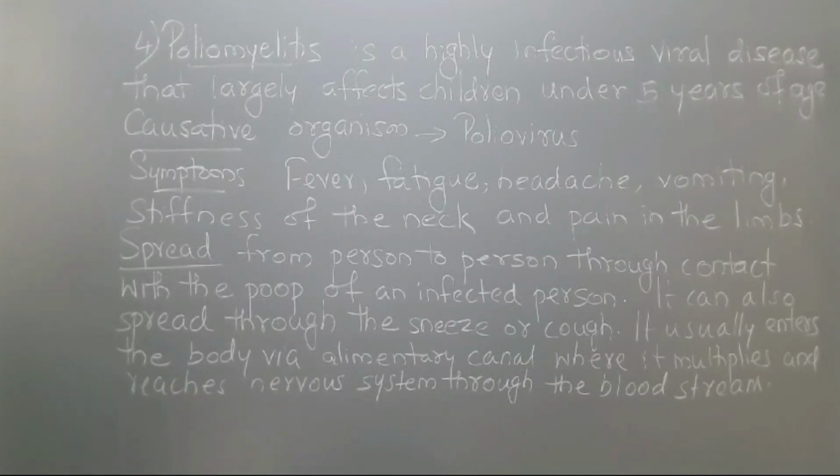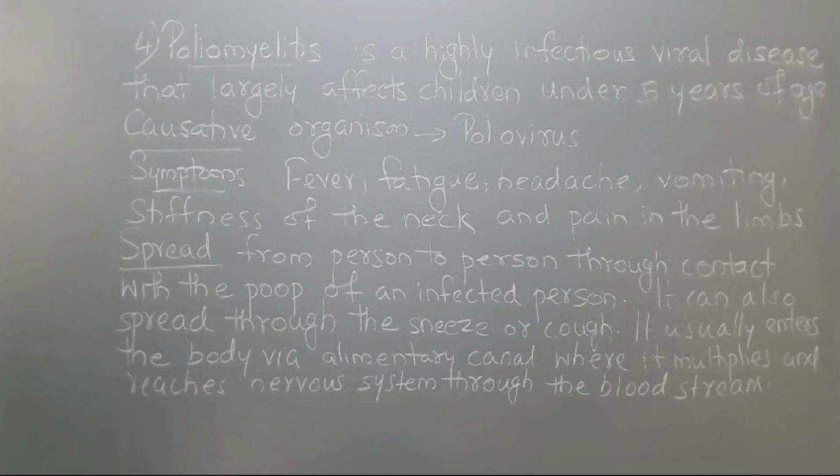How is it spread? It is spread from person to person through contact with the poop of an infected person. Poop is stool or motion of an infected person. It can also spread through the sneeze or cough.